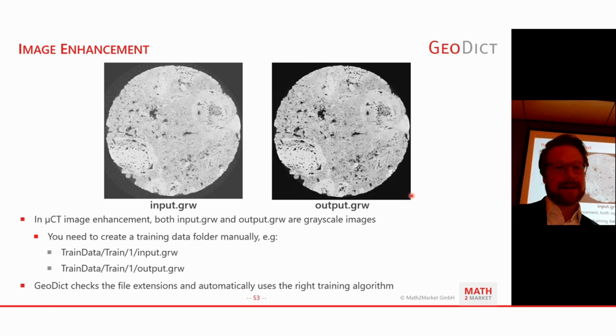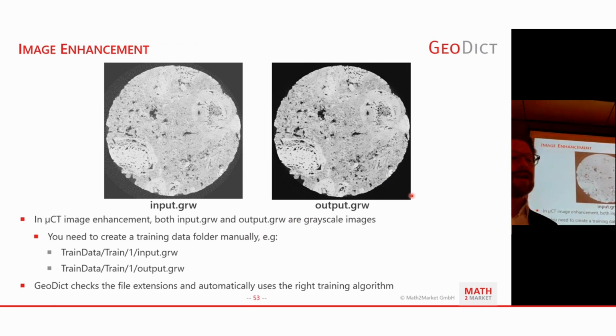And then last thing that you can do, you can also use this to train a neural network to enhance grayscale images. So I talked about this, I think, in my other talk. So if you have grayscale image pairs, for example, with a short exposure and a long exposure, taken with the same projections, with the same sample, same machine, so they are perfectly aligned.